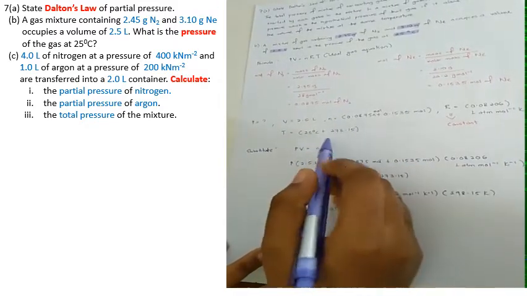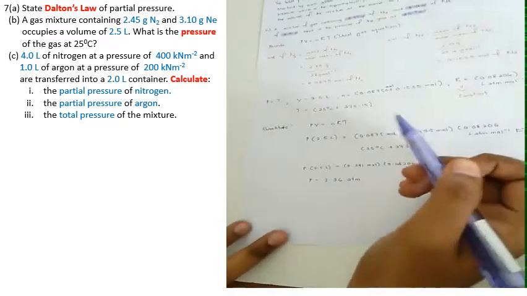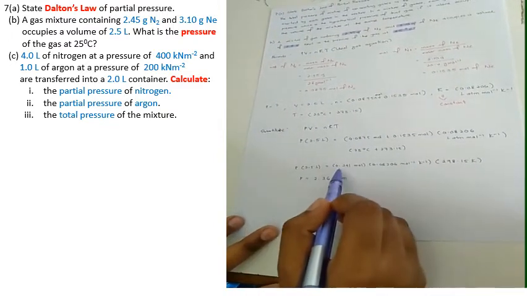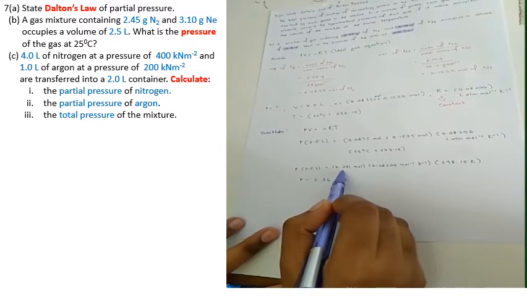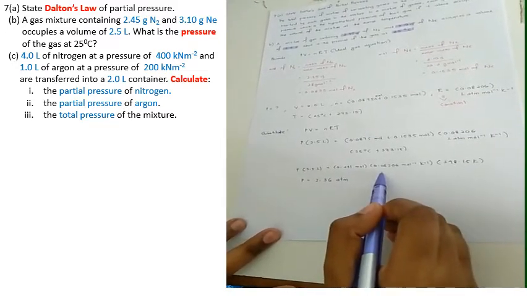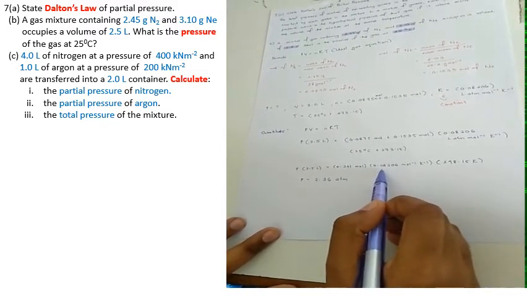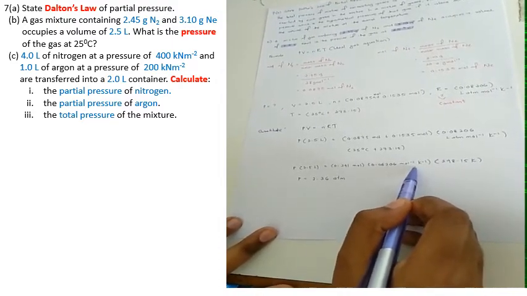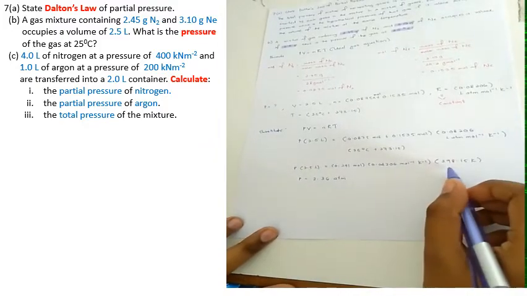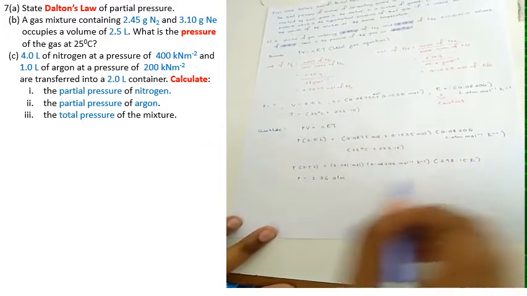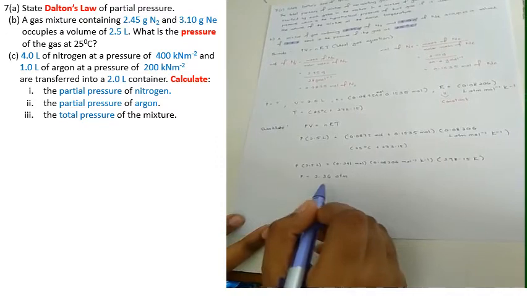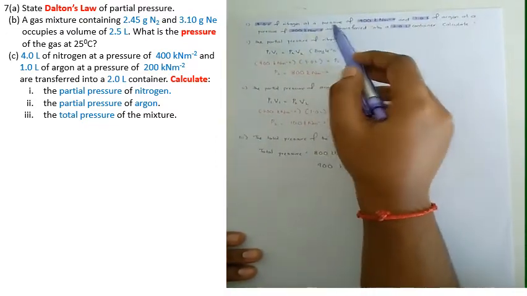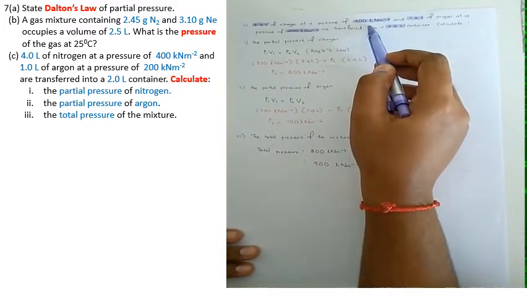So we just substitute into the equation and we'll get pressure, volume 2.5 liter, total mole 0.241, and then the gas constant in atm is 0.08206 mol^-1 K^-1, and then the temperature converted into Kelvin is 298.15 Kelvin, and we'll get the answer 2.36 atm.